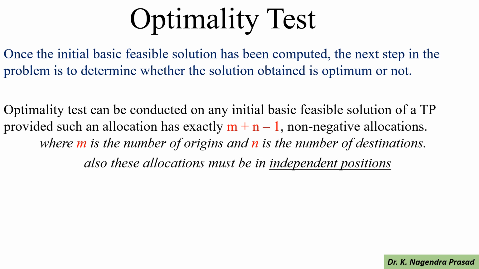Here m is the number of rows or origins and n is the number of columns or destinations. We also have to check that these allocations are in independent positions.